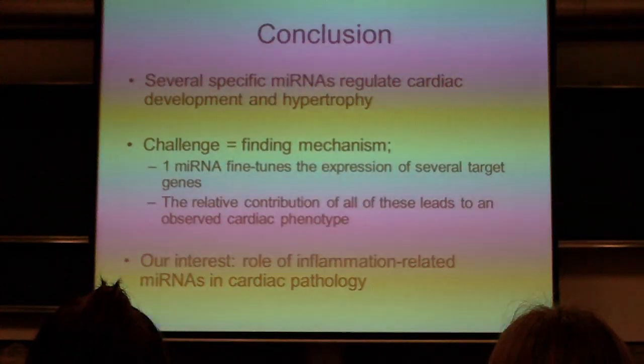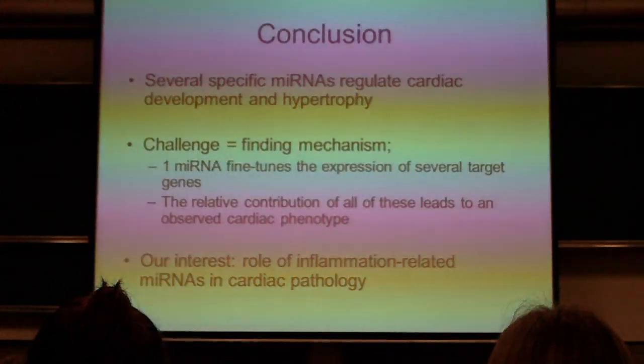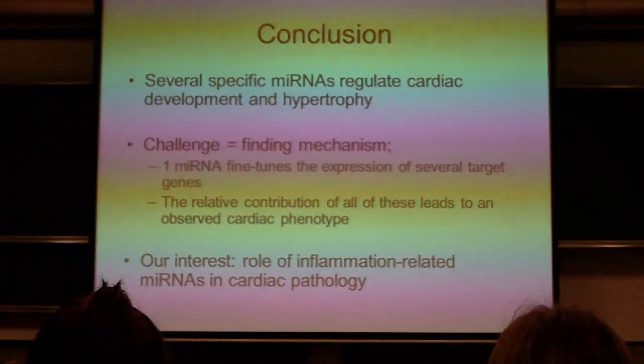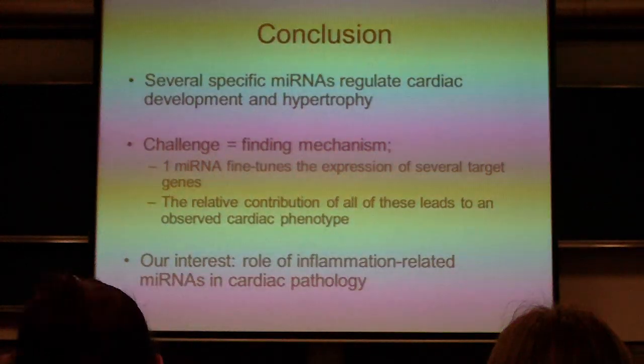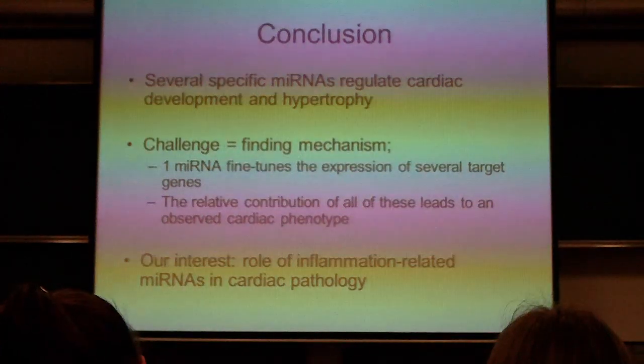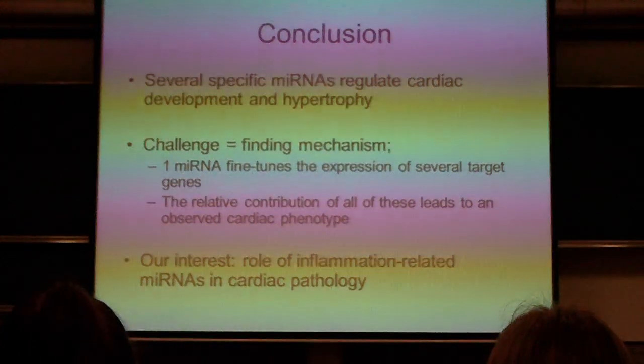So the key is to find other ways in which microRNA-208 modulates the expression of heart failure. The relative contribution of all these leads to the observed phenotype. So again, we only know the tip of the iceberg.